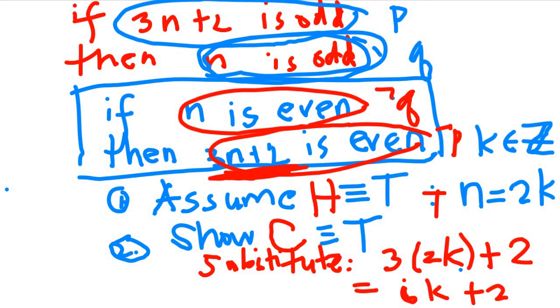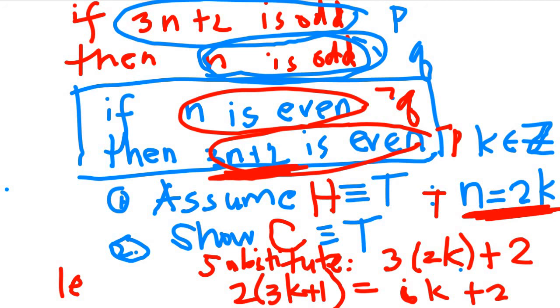Again, you have to appeal to the definition. The definition of an even number is twice of any integer. So we could factor this out first: twice of 3k plus 1. And in that case, we could now let m, or any variable, equal 3k plus 1.